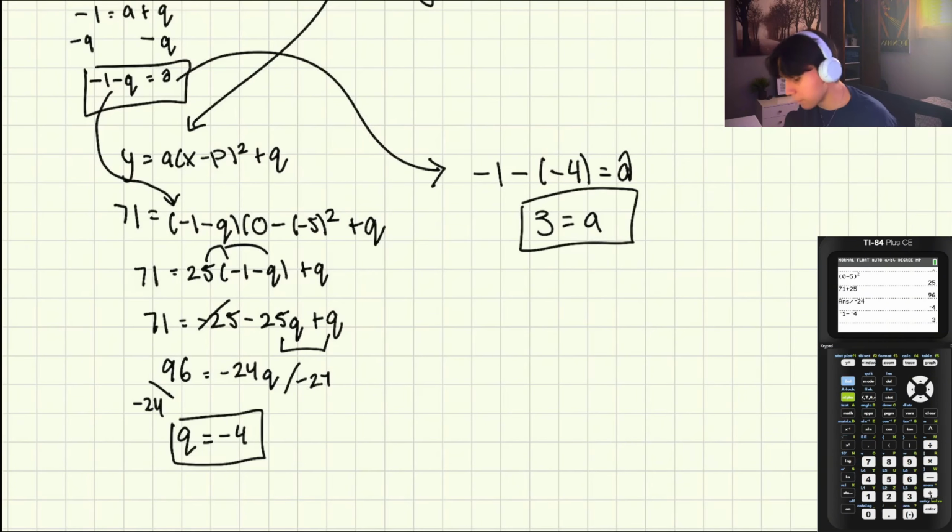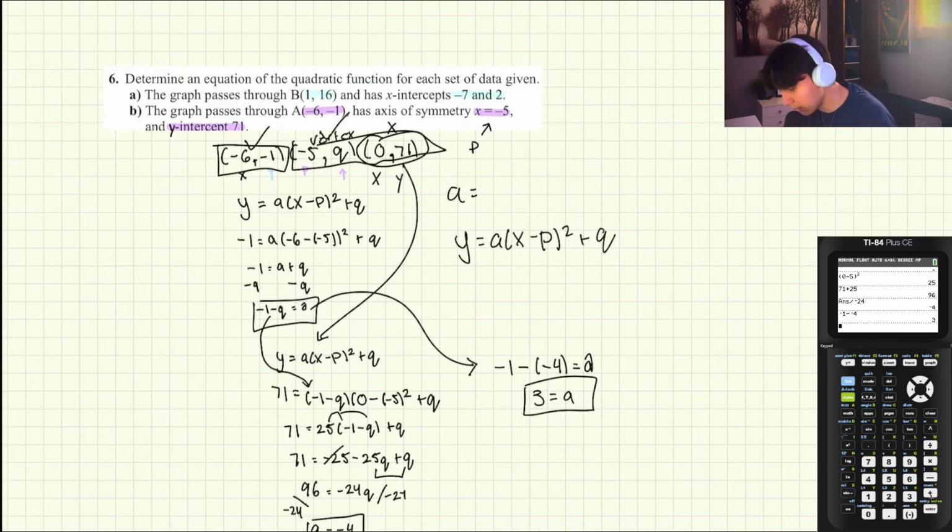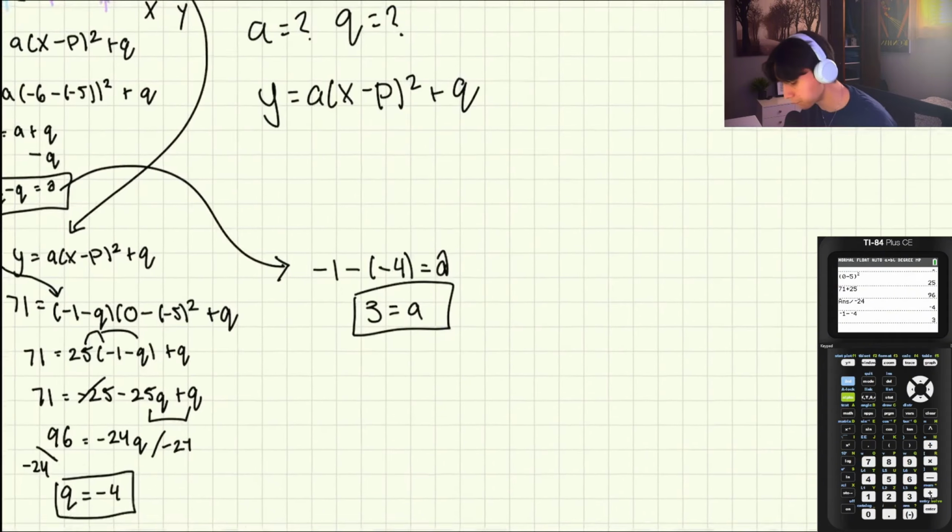So now we've found all of our variables successfully, and this one was a bit of a tricky one. It's a lot of steps, but basically you're just trying to use every single point to find the variables you're missing, because we were missing a and we were missing q, but now we have both.